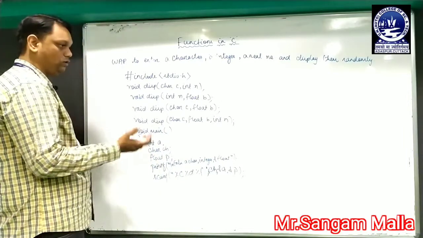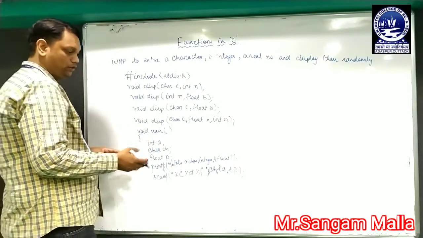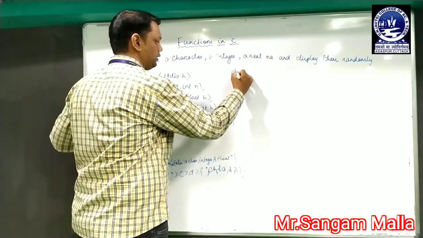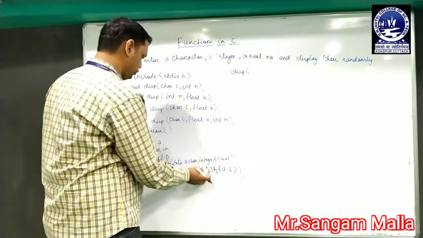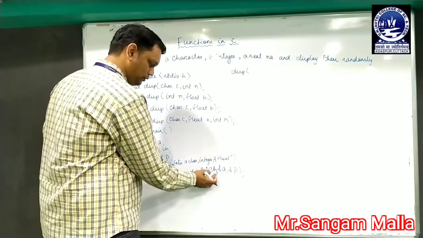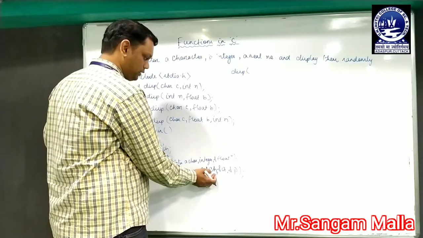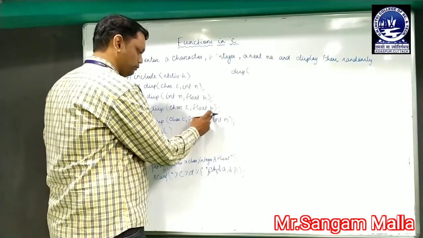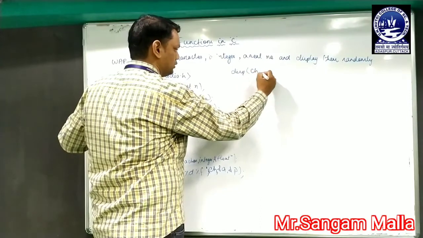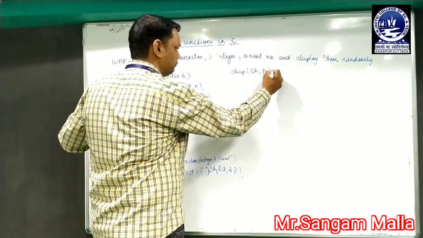So now we will be calling the function from the main function. We can call it in different ways. Let's say I write disp. I have accepted the character in ch and I have to pass the value of floating point, so I will pass 2 values, ch and p.